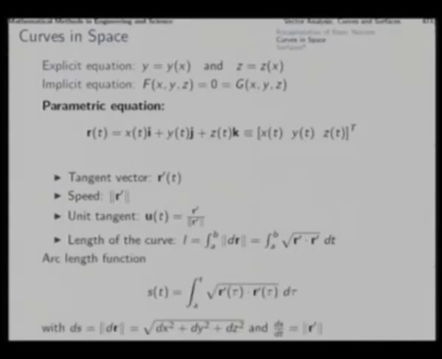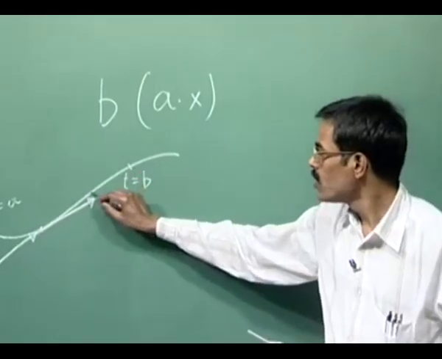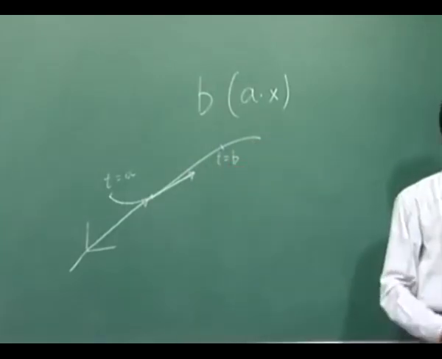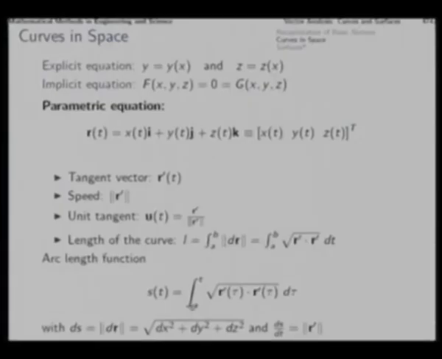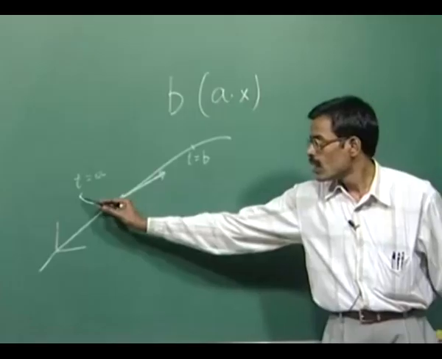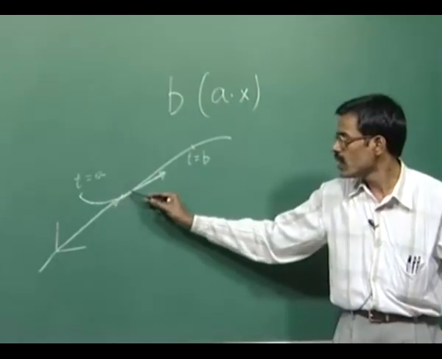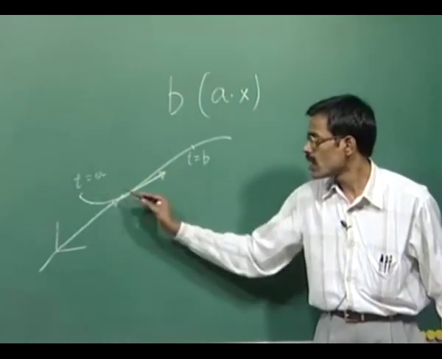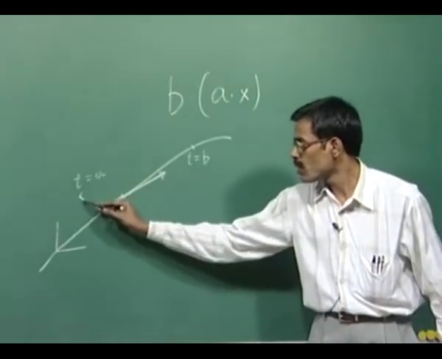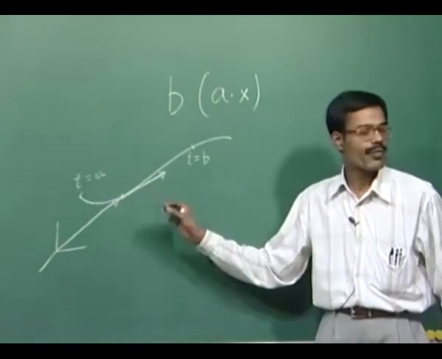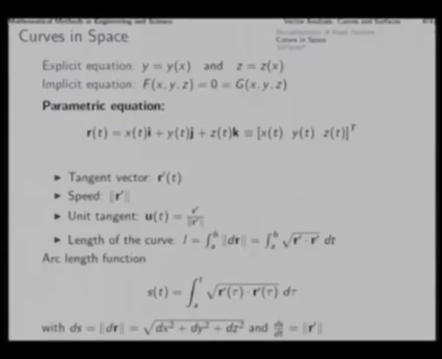So, if you keep b variable, then you get this arc length function, which is the integral from a to t. That means, starting from this point, for every value of t you get an arc length, which is the length of the curve from this point to the current point. So, this is a function of t, and this is called the arc length function.